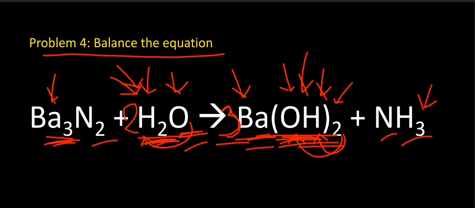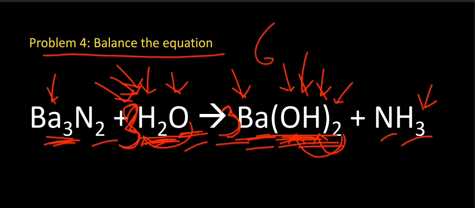Now we have to change the number 2. We have to put a 3 here, right? So when we put a 3, we have not to put a 3, we have to put a 6, right?